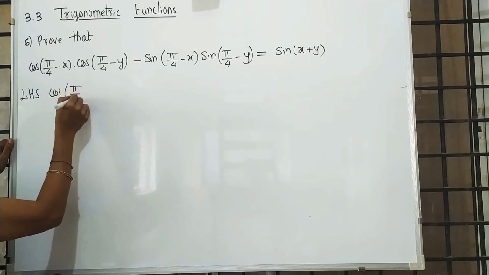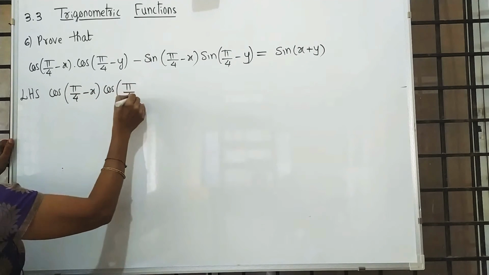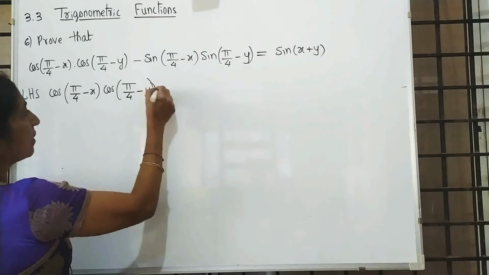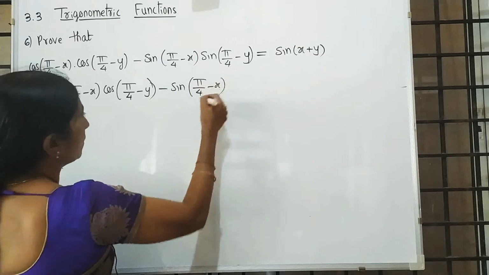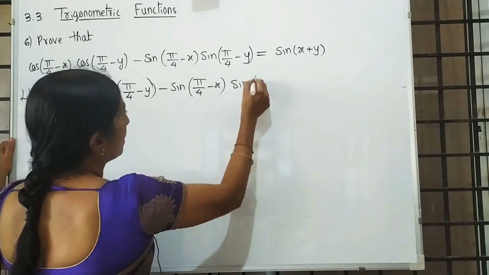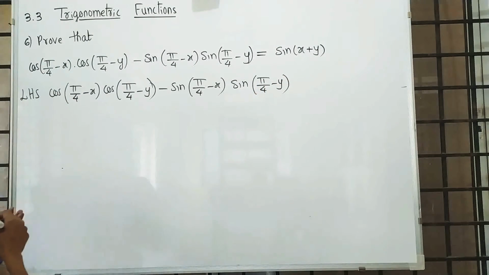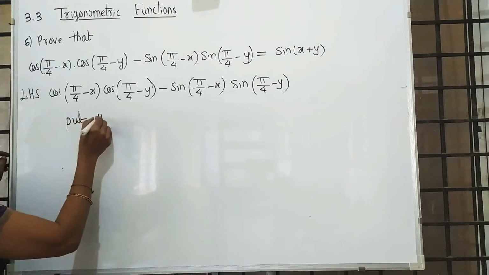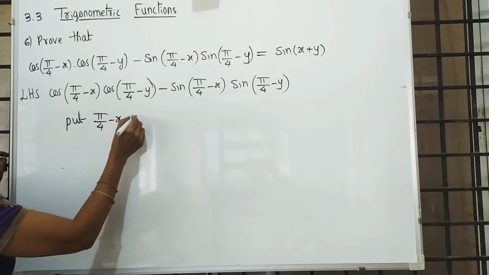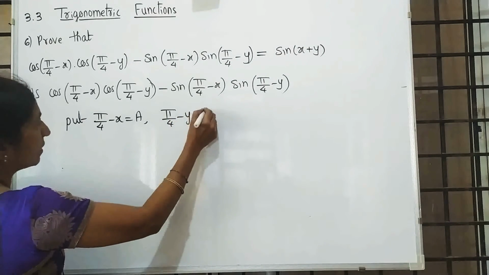Cos(pi by 4 minus x) into cos(pi by 4 minus y) minus sin(pi by 4 minus x) into sin(pi by 4 minus y). For our convenience, because the brackets are repeated, put pi by 4 minus x as a and pi by 4 minus y as b.